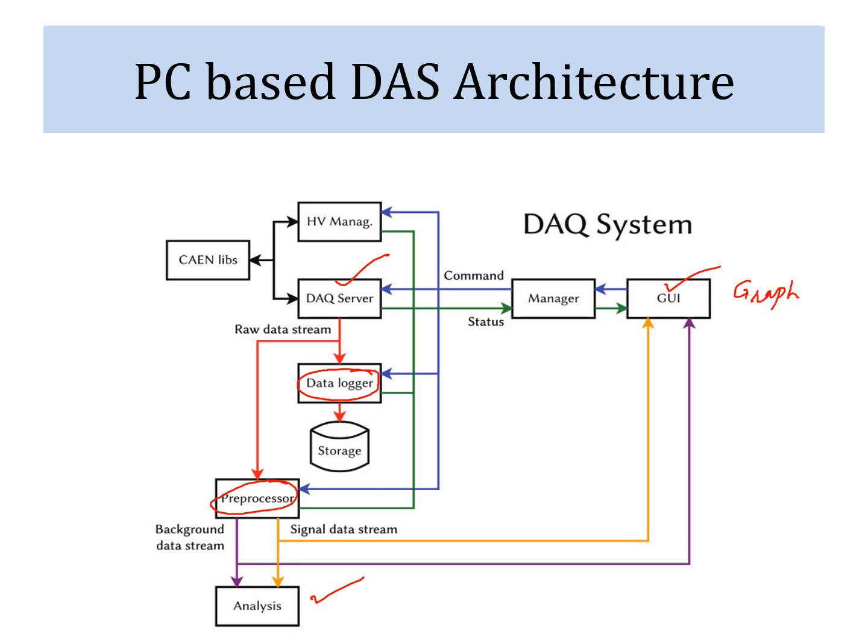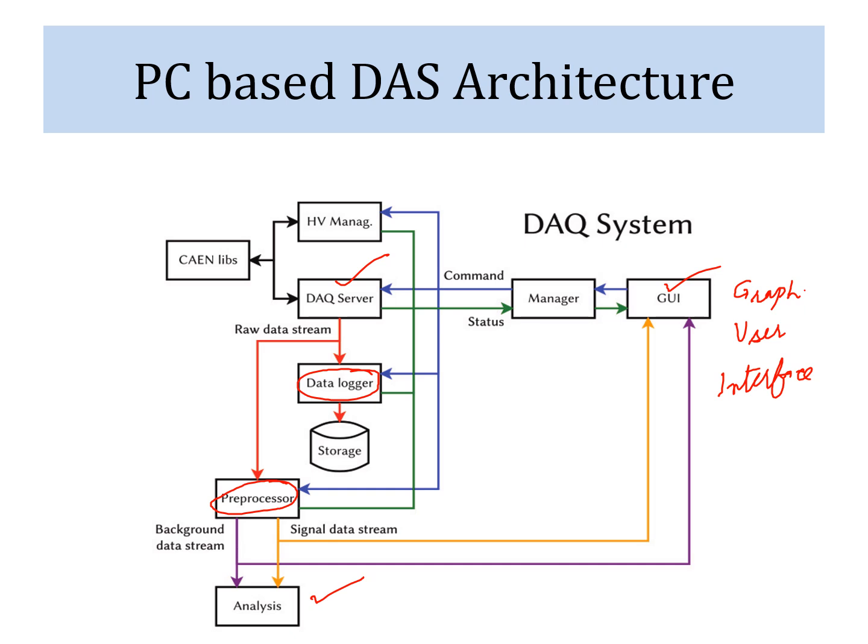GUI means graphical user interface. So whatever we see on the monitor screen, if it is a touch screen or it is controlled by keyboards, whatever we are visualizing on the monitor, this is known as graphical user interface, through which any user can interact with the data acquisition system.